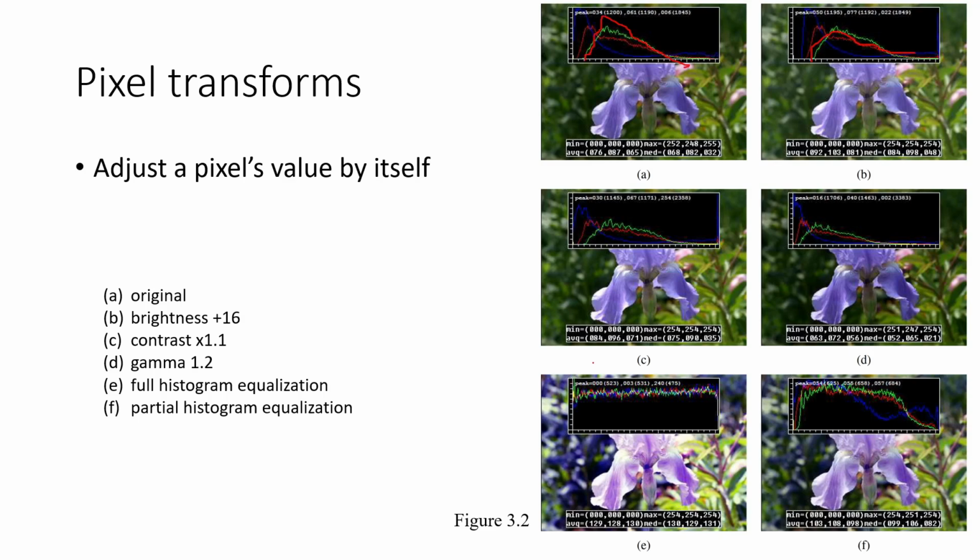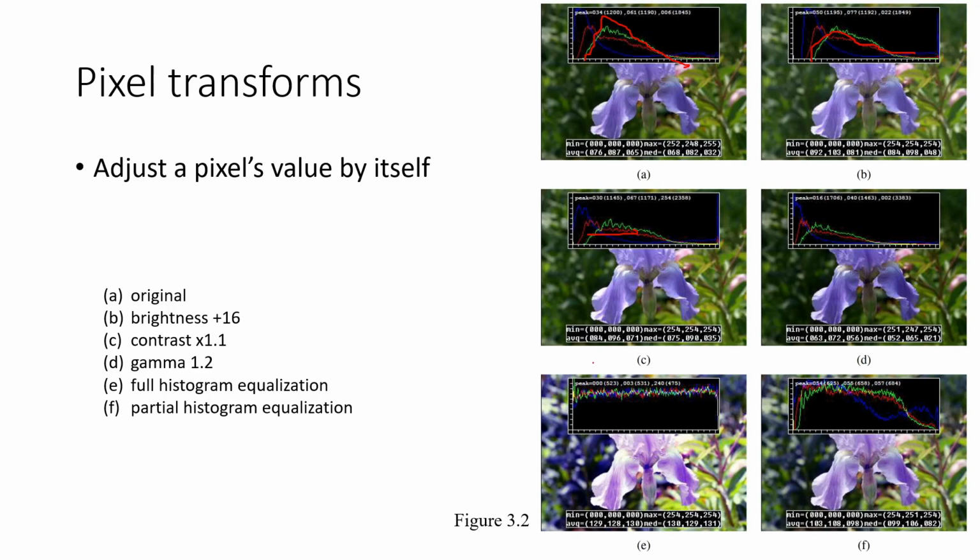This is only a shift. But if you multiply by a factor greater than 1, then you will extend the histogram. So you can see the histogram here, it is slightly stretched. And if you apply a gamma function, I will show the gamma function in the next slides.